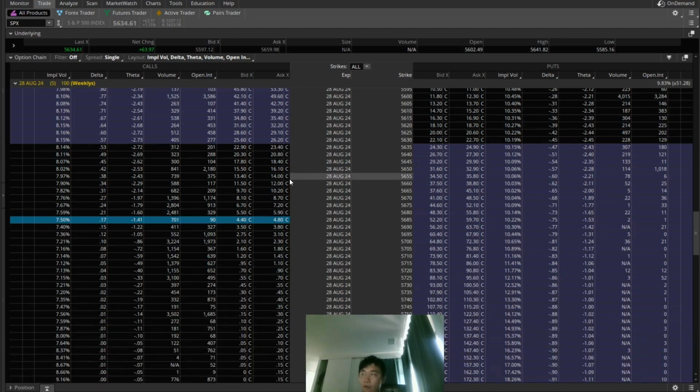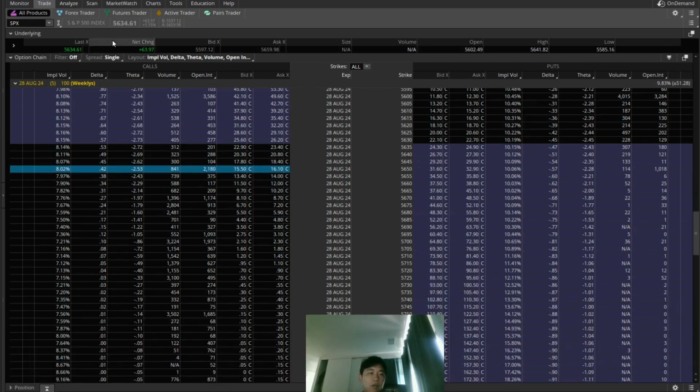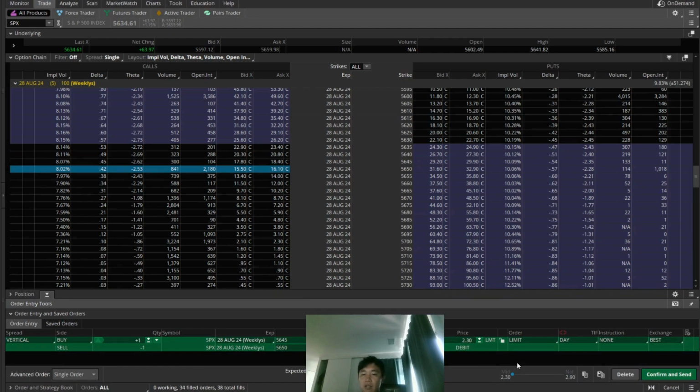If I wanted to get something a little bit closer to the money, but still have a 1-to-1 risk reward, see, this is a $10 spread for almost $5. This is about a 1-to-1 risk reward. So as you can see, you can turn an underlying of any size and express as much directional bias as you want, and turn this underlying into as small or as big a position size as you want.